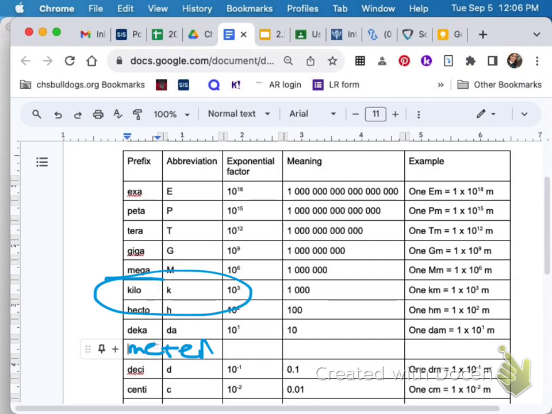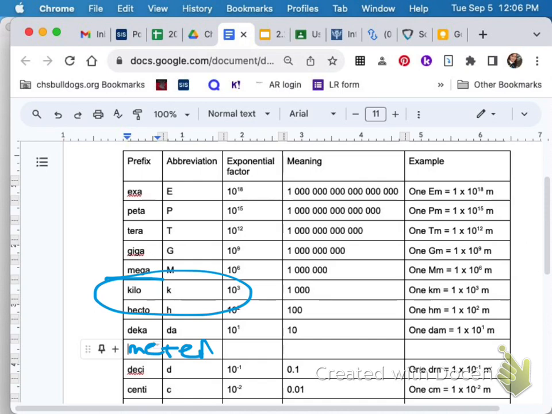For every kilometer, you have 1,000 of your base unit. If you had a decameter, you would have 10 meters. So that is how you read this chart to help you. And towards the end of this lesson, we're going to practice converting between base units and metric prefixes, which is what these are.